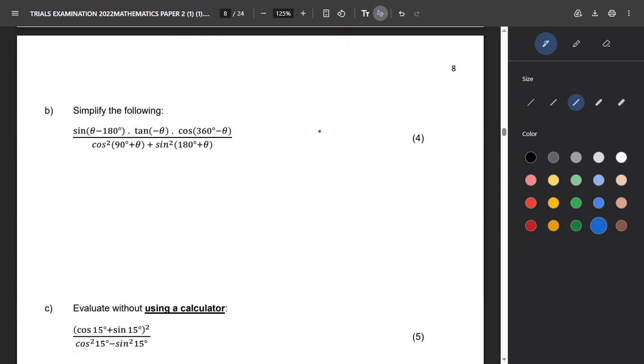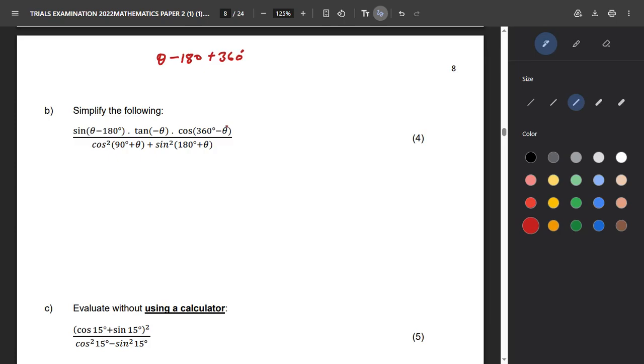Next question, simplify the following. This is for Mark. I need to first do the reduction formula. When you do the reduction formula and you see a negative angle, so if I have theta minus 180, you can add 360, because it's a negative angle.